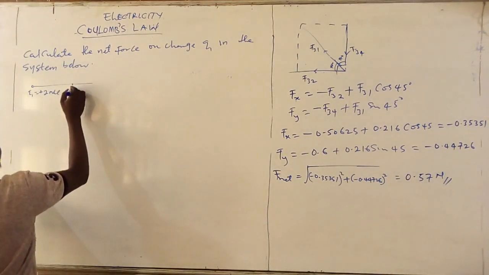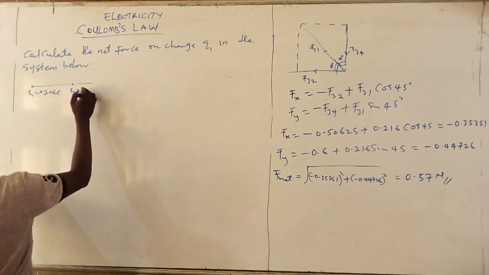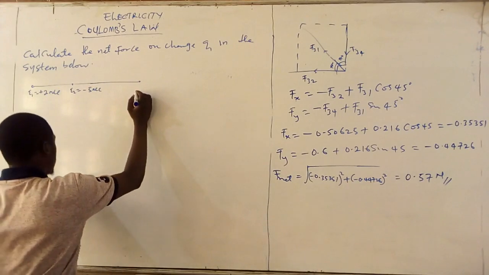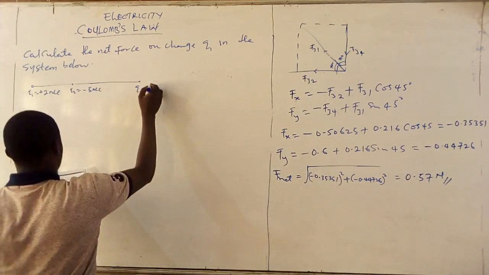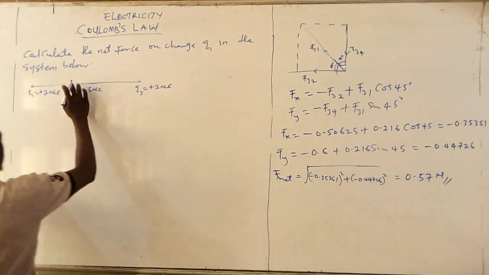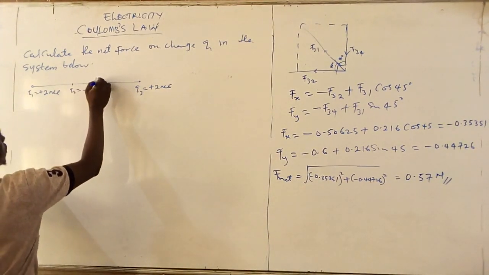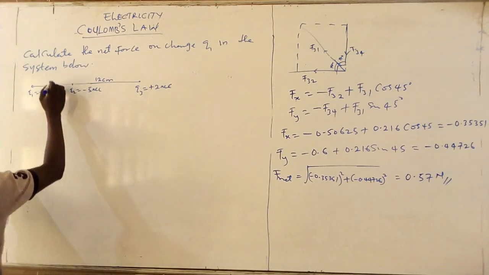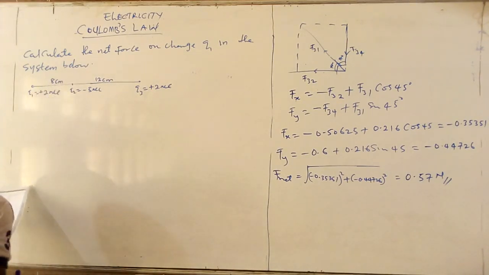Then here we have our Q2 to be minus 5 microcoulomb. Then our Q3 to be equal to plus 2 microcoulomb. Then the distance from here to here is 12 centimeter. Let's say the distance from here to here is also 8 centimeter.